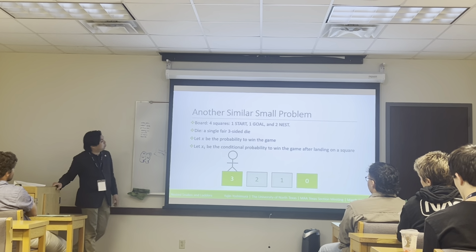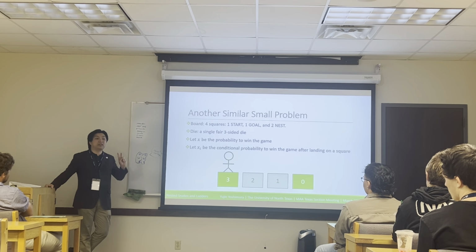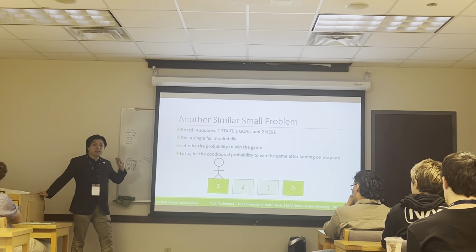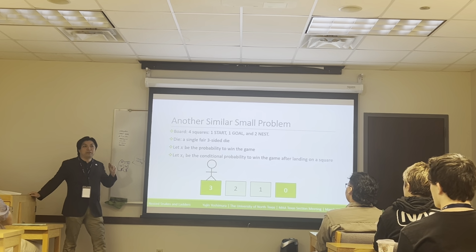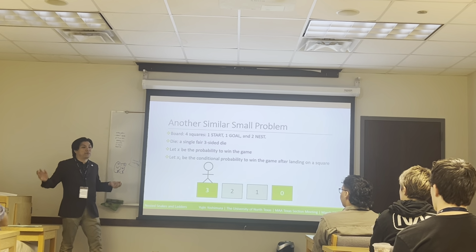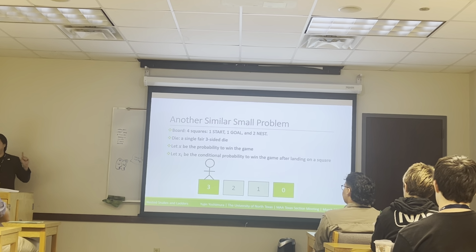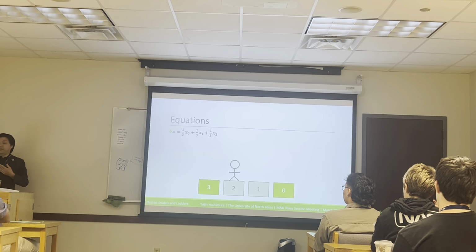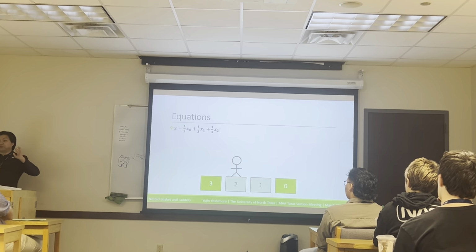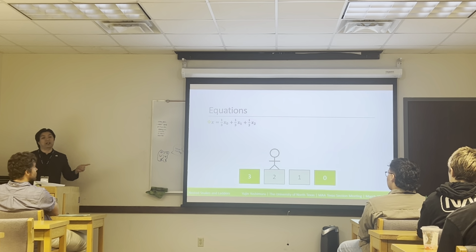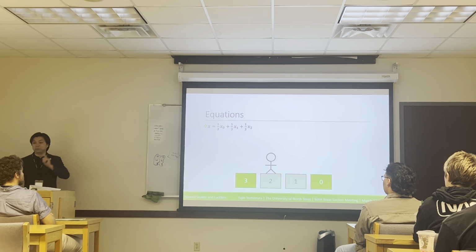Another similar small problem: instead of 2, let me start with 3. So there are 4 squares. You roll a 3-sided die. I'm not sure if there's something like that. And a similar setup. So the equation is going to look like this: 1/3 times x of 0 plus 1/3 times x of 1 plus 1/3 times x of 2.